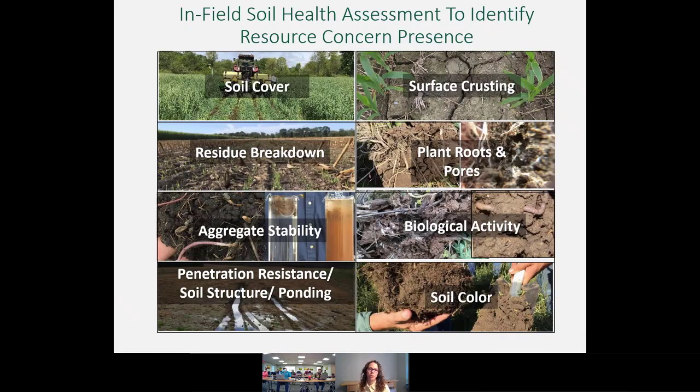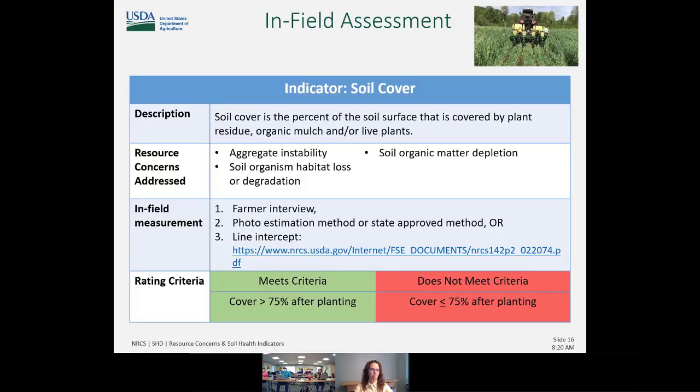So we'll take some time to discuss each of these indicators that can be used in the in-field assessment to identify resource concerns. Soil cover is the percent of the soil surface that's covered by plant residues, organic mulches, and/or live plants.